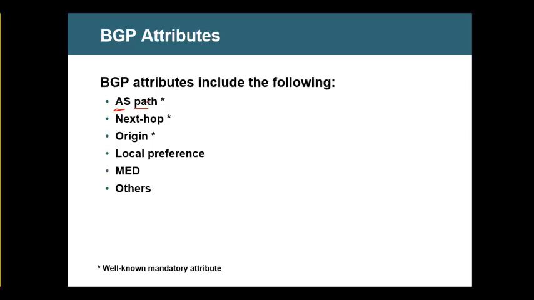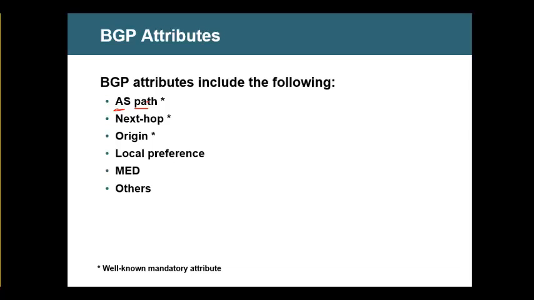One of the attributes that we used to see is the AS number via which the update reaches. The AS path is the autonomous system through which the update reaches us. So, AS path is one of the BGP attributes.